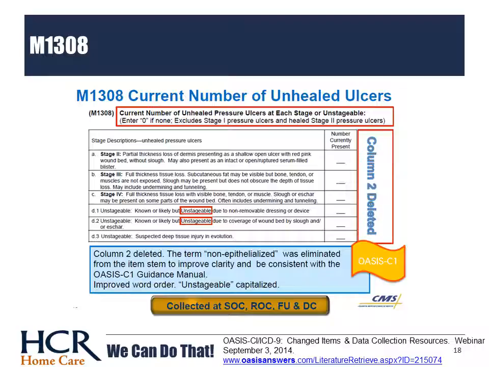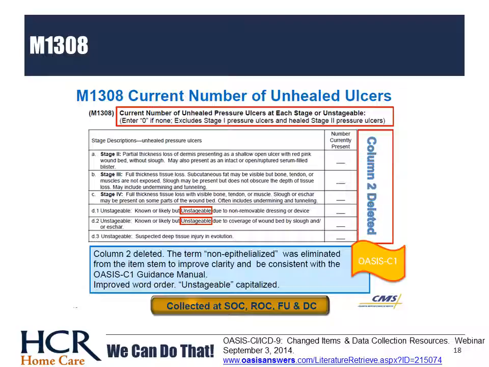So first, looking at 1308, you can see here the question will now read, current number of unhealed pressure ulcers at each stage or unstageable. Enter 0 if none, and this excludes stage 1 pressure ulcers as well as healed stage 2 pressure ulcers. So the item will otherwise be the same.